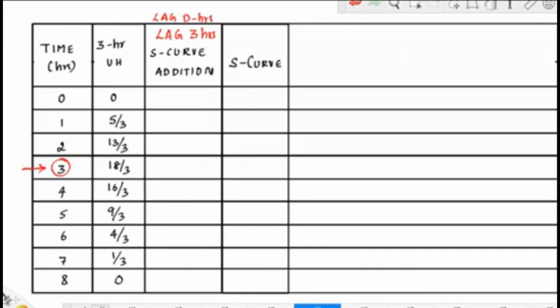So you don't get any value in the first three places; 3 spaces you are leaving. At a time you have to drop 3 values, starting by dropping these values here.